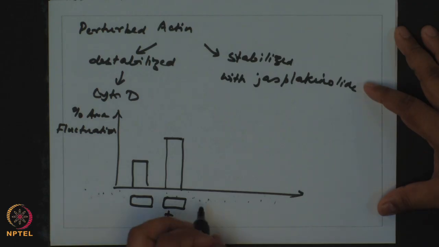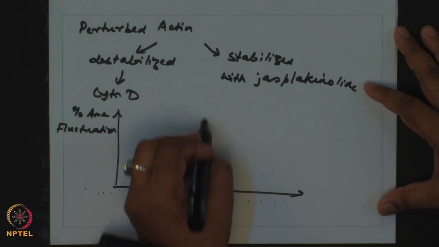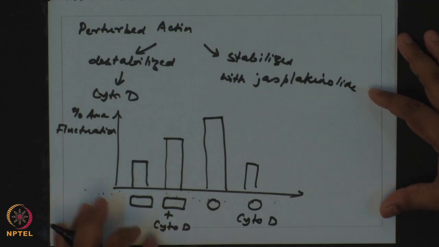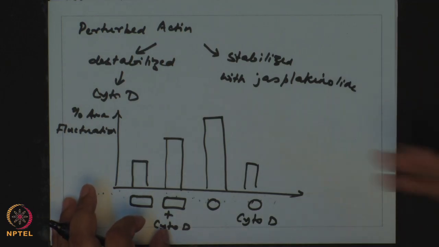But on the circular patterns, where fluctuation was significantly higher, when they added cytochalasin D, this decreased. So, this suggests that the effects of these polymerizing drugs are highly non-monotonic.